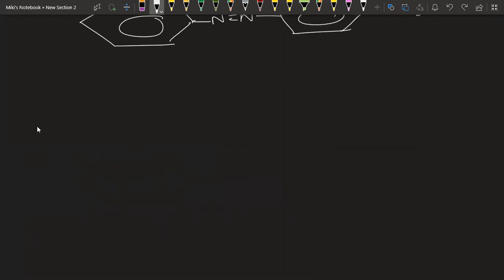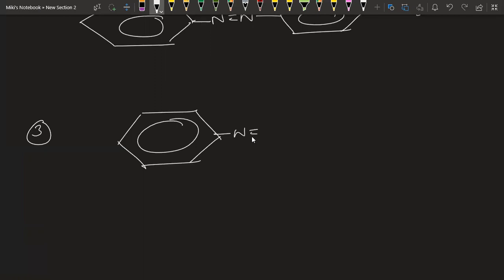So let's say in another example we have the diazonium part, but in the diazonium part, let's change certain things. Let's say we now have a nitro group, NO2. I wrote it the other way; if I had written it over here, this would have been NO2.